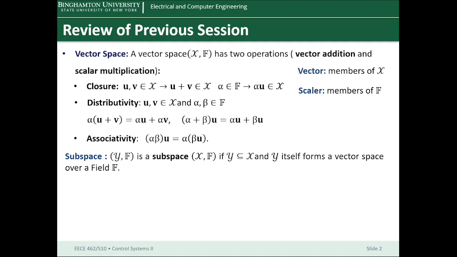After that, we define the concept of a subspace. We say that Y is a subspace of X if Y is a subset of X and is itself a vector space under the same two operations, vector addition and scalar multiplication. We then move on to linear combination.